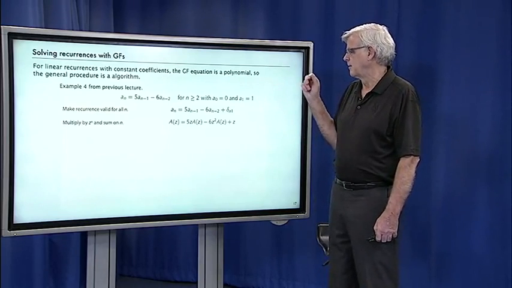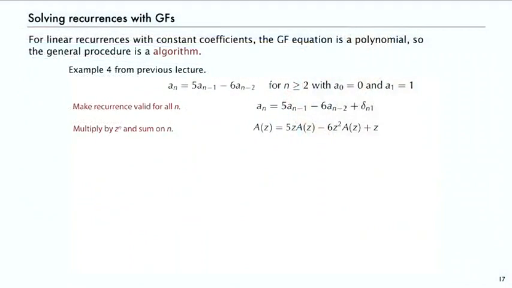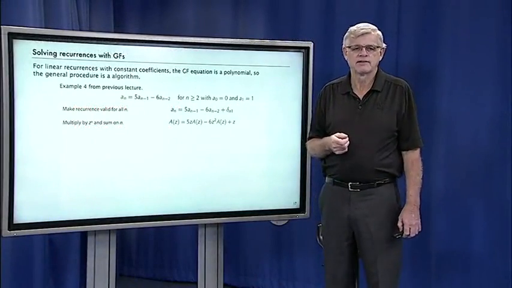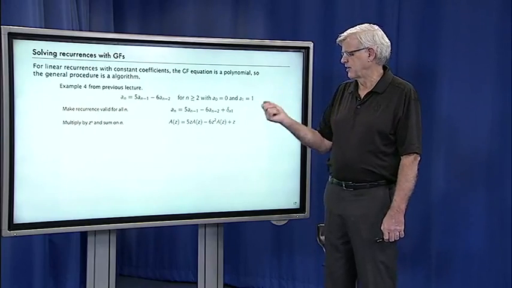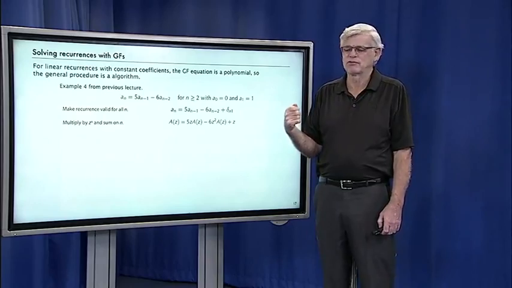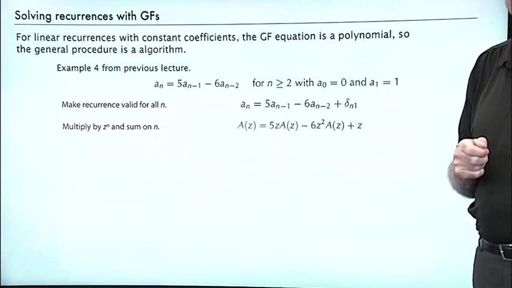So now we multiply by z to the n and sum on n. Sum n greater or equal to 0, a_n z^n. That's our generating function, A(z), that we're going to use to represent this sequence a_n. For the first term on the right-hand side, it's the sum of a_{n-1} z^n. Change n to n plus 1 throws out a z, so that's 5z A(z).